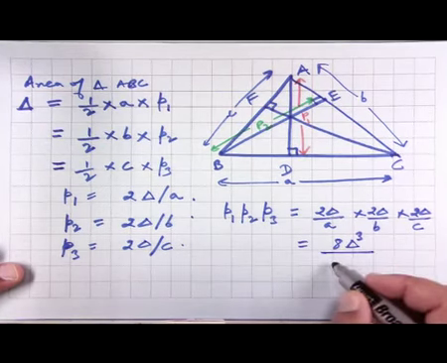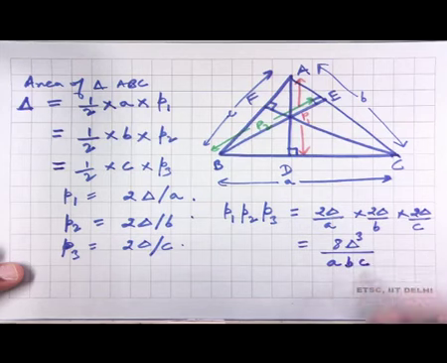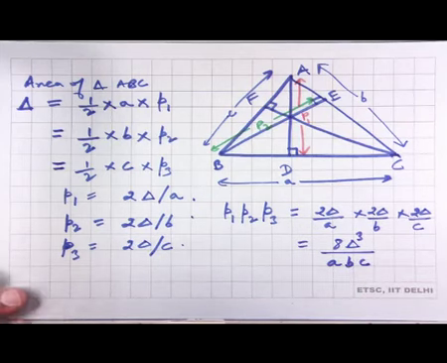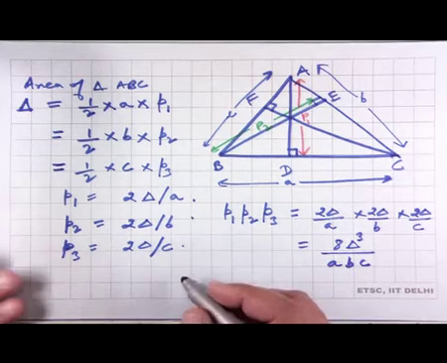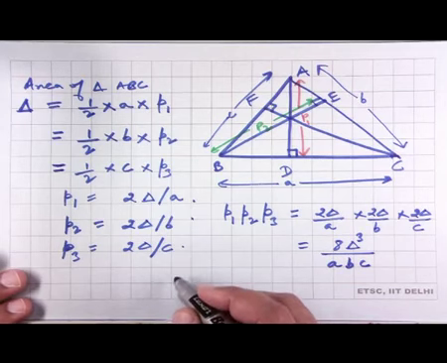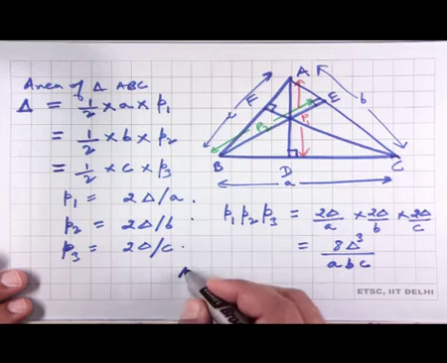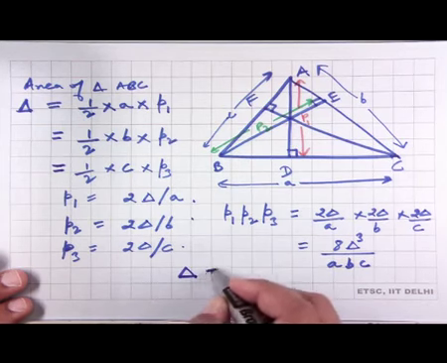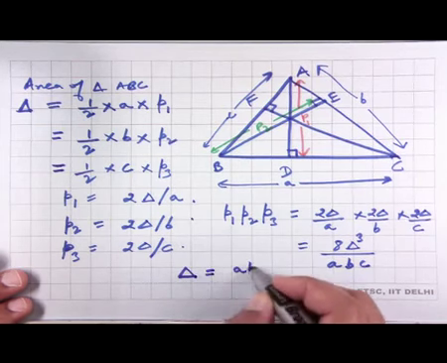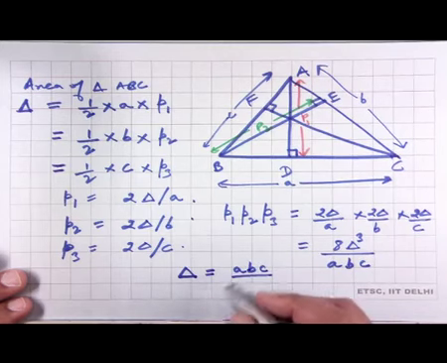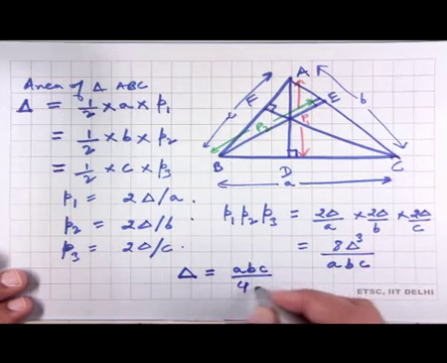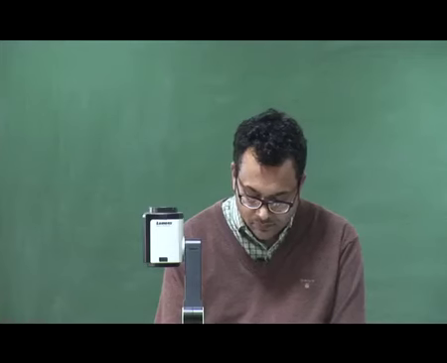upon A, B, C. And here we will again make use of the formula that we just saw on the previous slide, which is that the area of any triangle is equal to the product of its 3 sides divided by 4 times the circumradius.